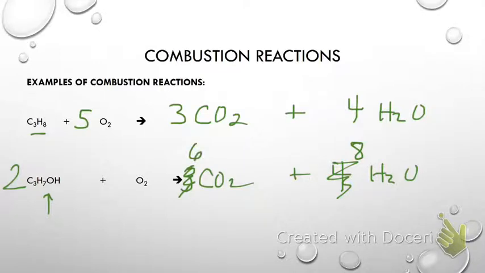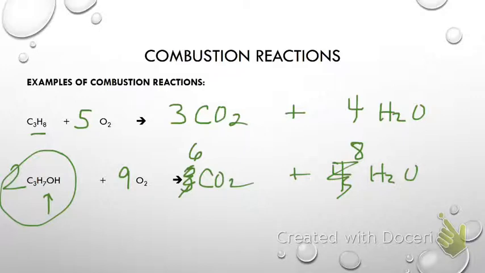Now I have a total of how many? 20. So what do I put in front of oxygen? 9, because 9 times 2 would be 18, plus the 2 right here. So now we're balanced. Sometimes you have to play around with it a little bit.